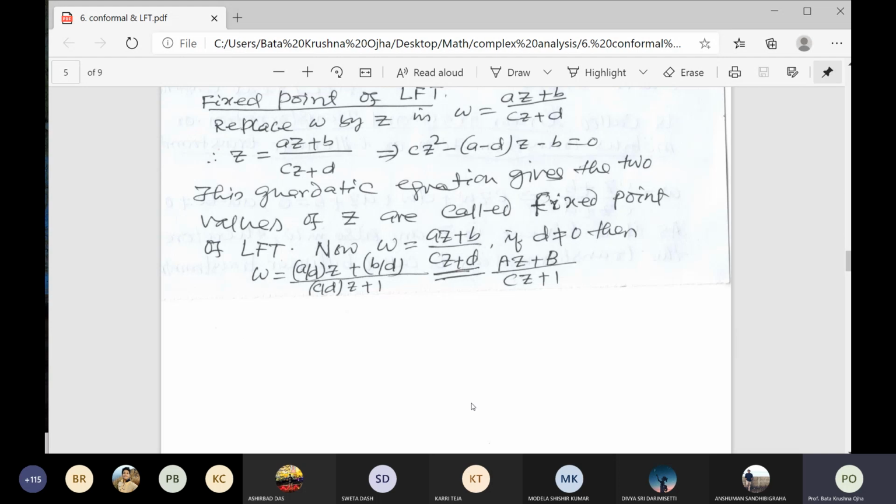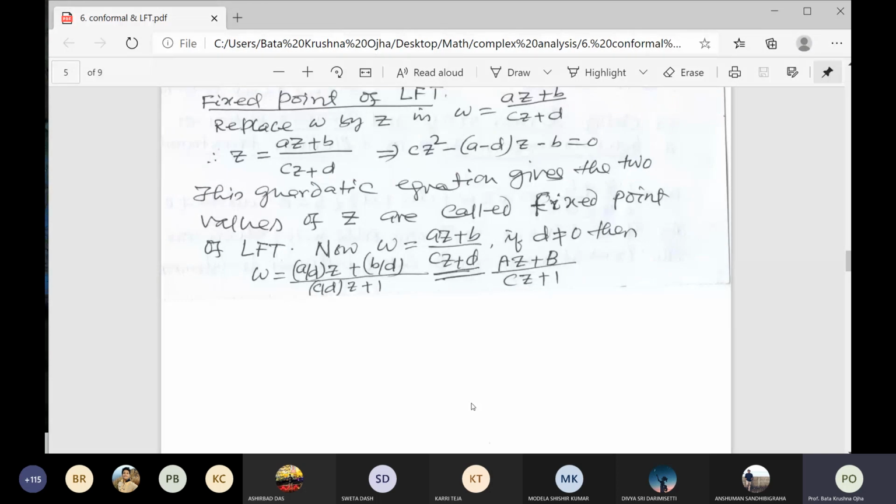Similarly, since it has at most three arbitrary constants, capital A, capital B, and capital C, we need three conditions or 3 points to determine them. Just like you compare with the equation of a straight line. How will you determine the equation of a straight line completely?